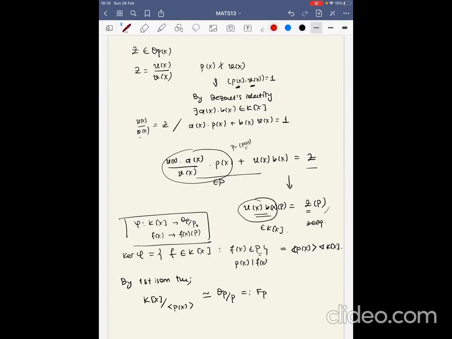Moreover, thanks to this isomorphism, we know that the degree of the residue class field over K is finite, and it is defined as the degree of P. From the field theory review, we know that since p of x is irreducible, this extension degree is the degree of p of x.